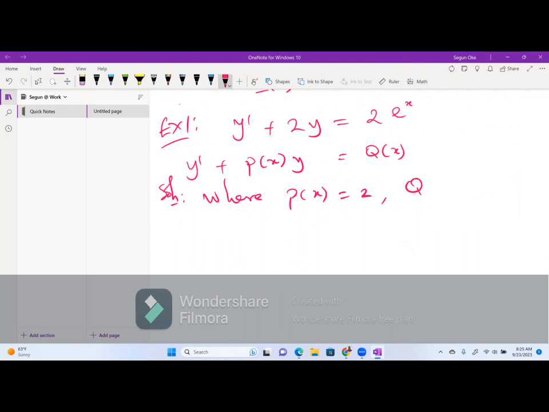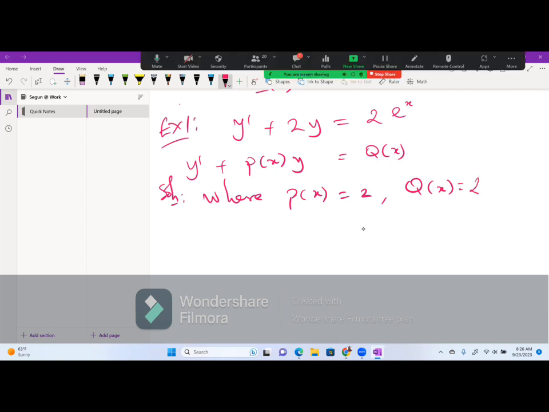And our q of x is what? Anyone in the house? q of x is 2? Nope. So q of x is 2 exponential x.